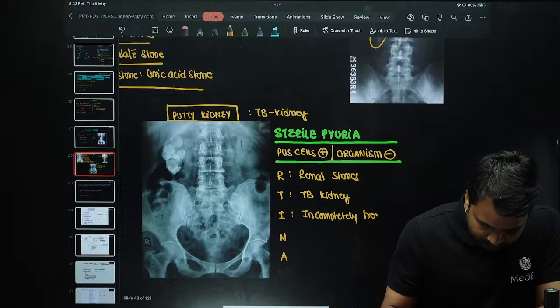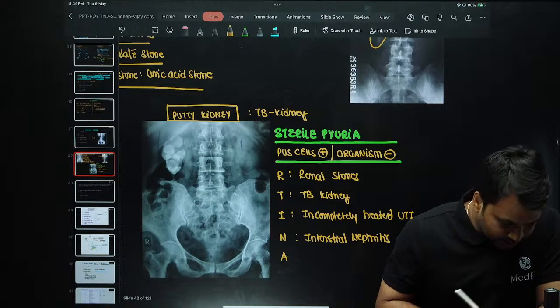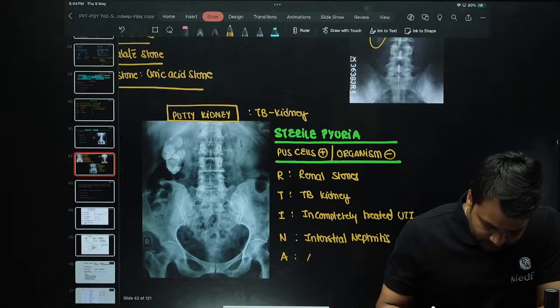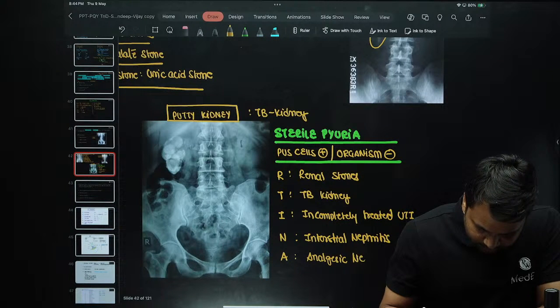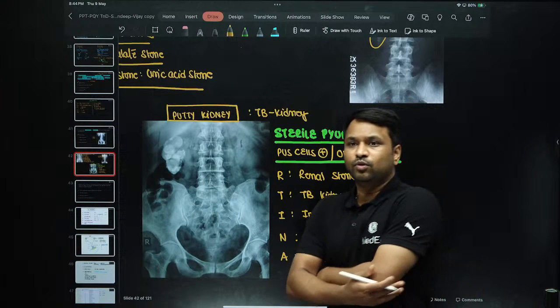N stands for interstitial nephritis, and A stands for analgesic nephropathy.